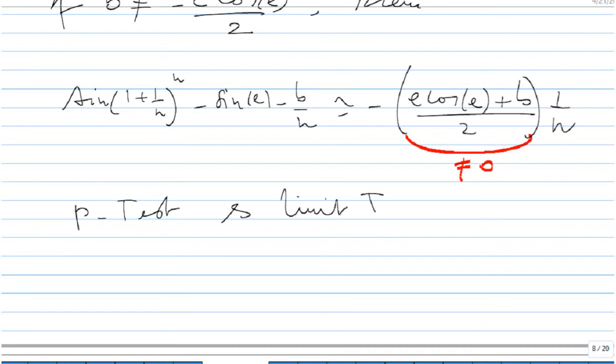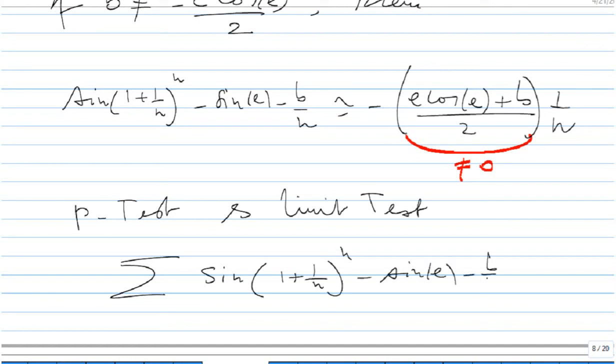But be careful with the limit test: you have to make sure that your series is either always positive or negative after, of course, a certain n, okay? So we get that the sum of sine of 1 plus 1 over n to the power n minus sine of e minus b over n, from 1 to infinity, is divergent.